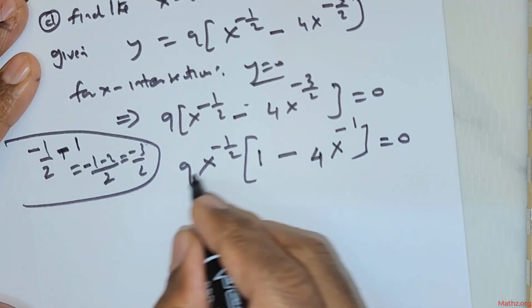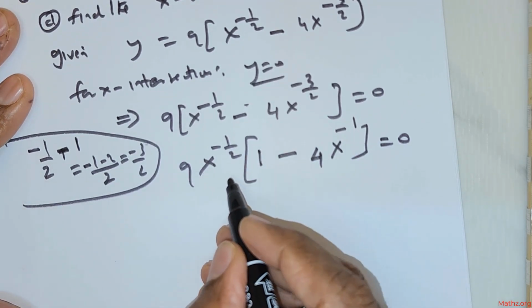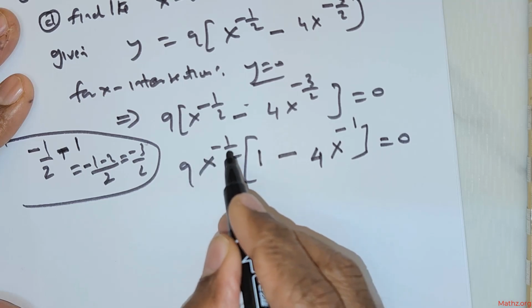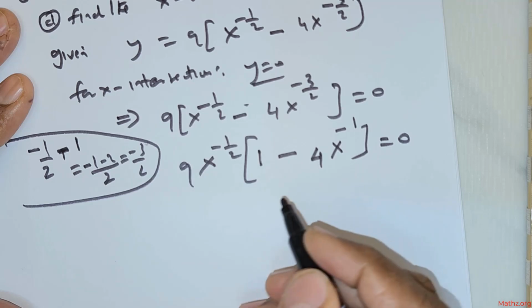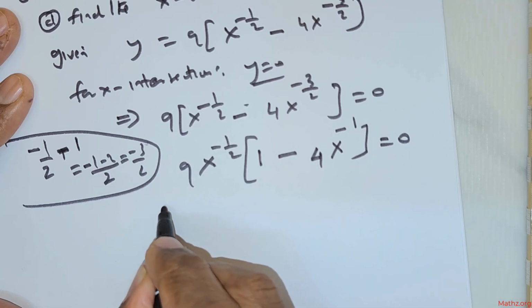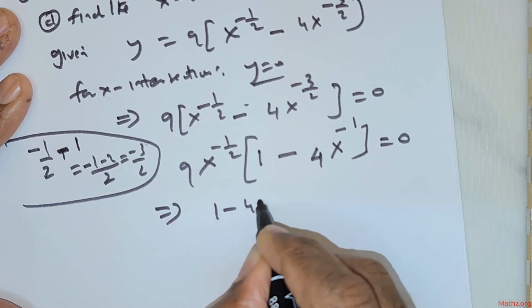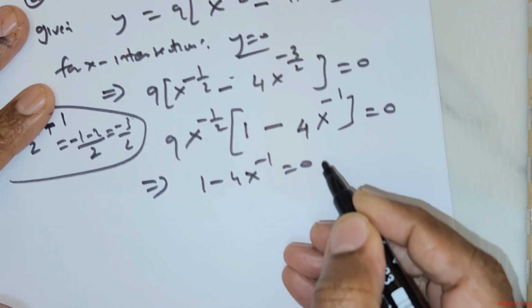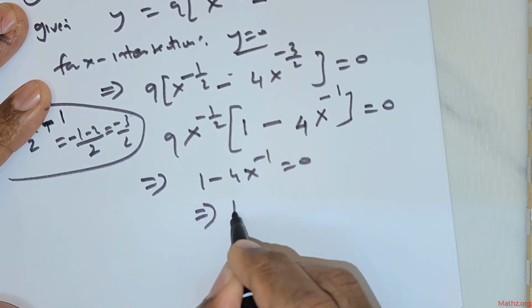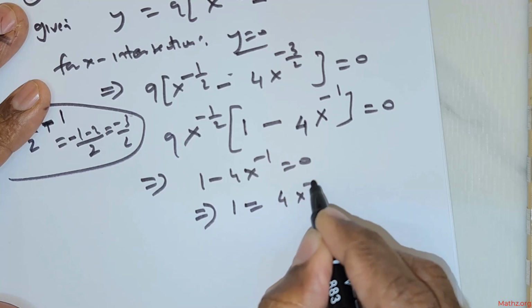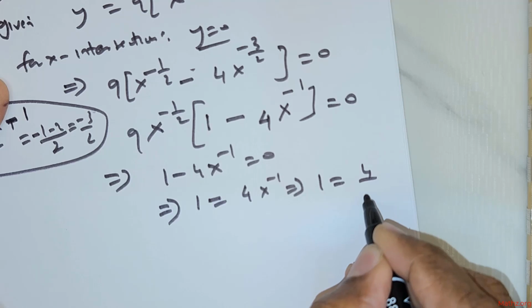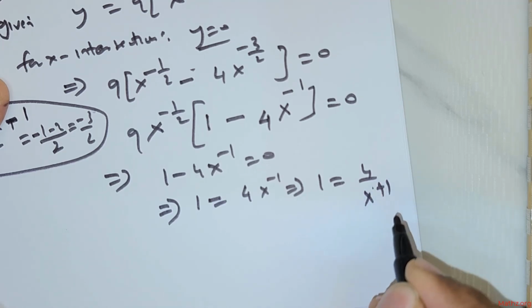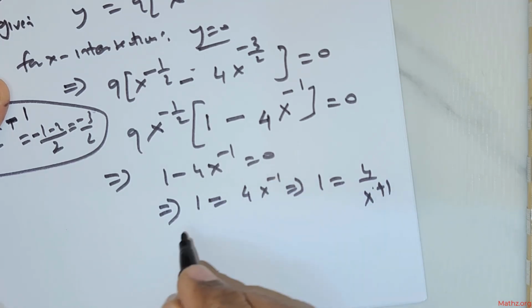That will be equal to 0. Now 9 times x raised to the power of negative 1 over 2, we cannot equate it to 0. If we equate it to 0, this quantity becomes 0. So that would mean we have 1 negative 4 times x raised to the power of negative 1 is equal to 0, which in turn would mean 1 is equal to 4 times x raised to the power of negative 1, which means 1 is equal to 4 over x raised to the power of positive 1, because it goes down.